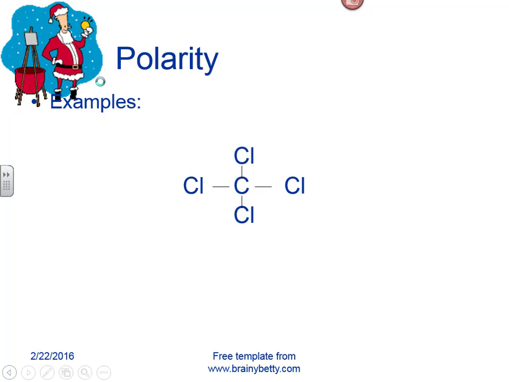So to check the bonds, we just need to subtract once. And you get an electronegativity difference of 0.5. What kind of bonds does this have? Polar bonds, just barely.